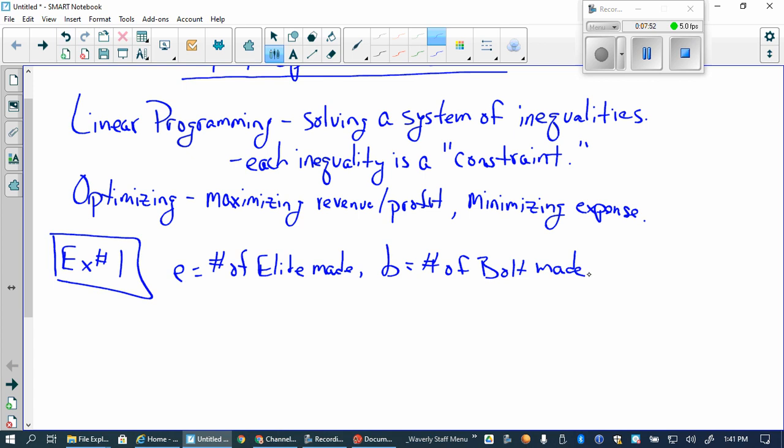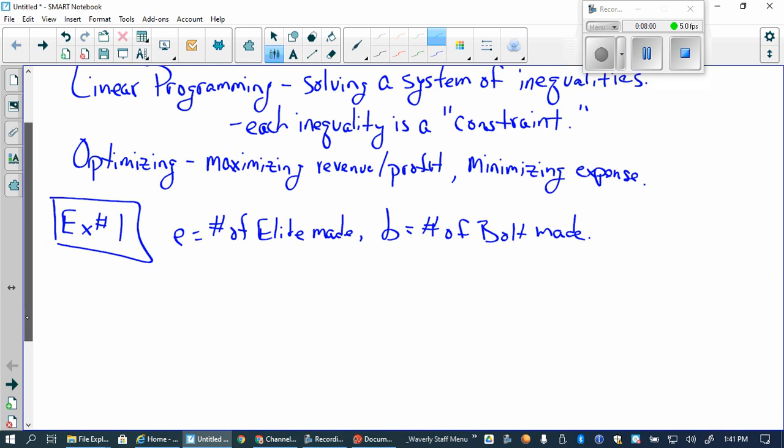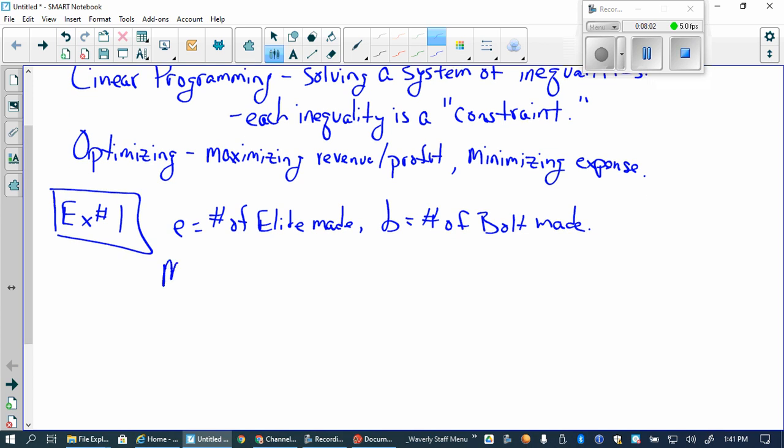Okay? So let's think about the constraints in terms of, say, an inequality. And let's think about the machine hours first, because they listed that first. Okay, so for machine hours, we're making E number of elites and B number of bolts, okay?